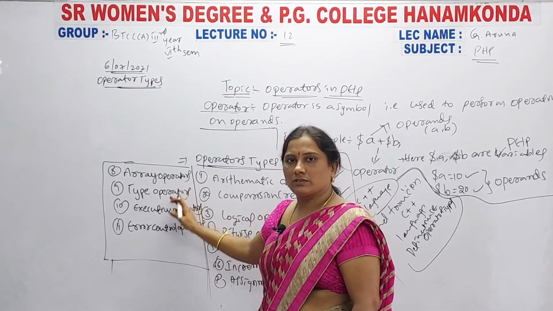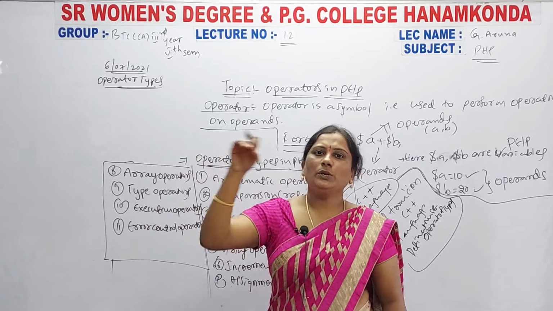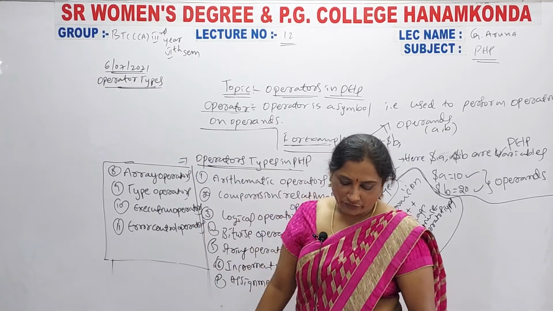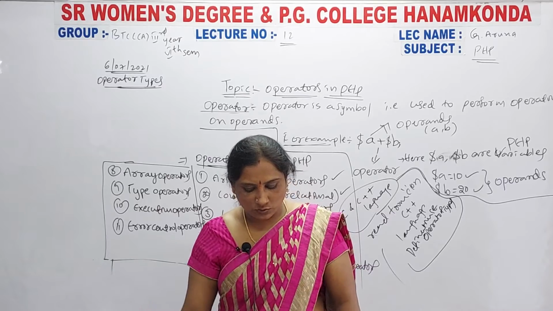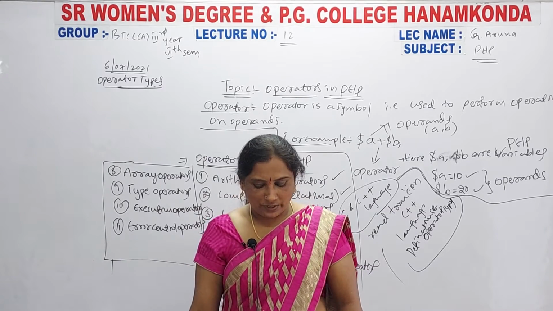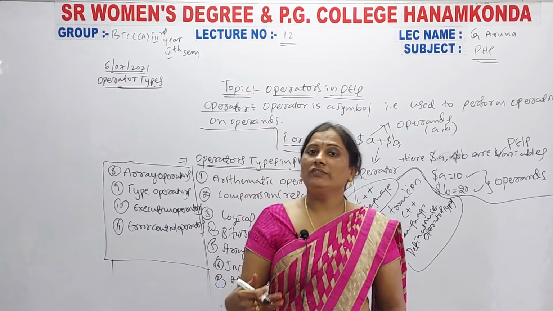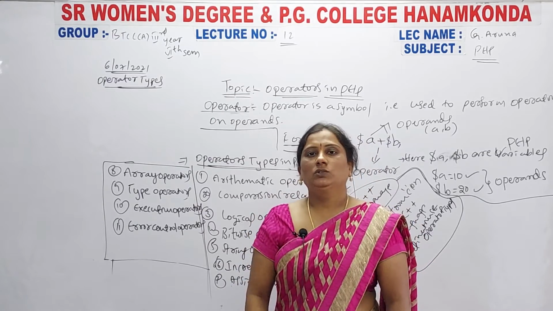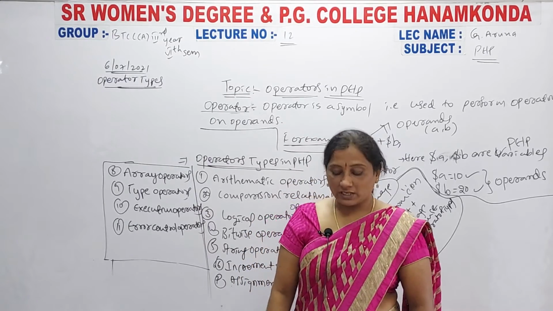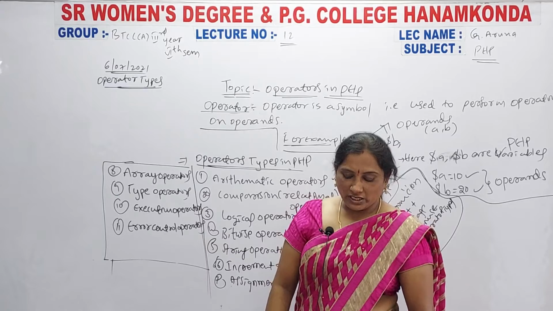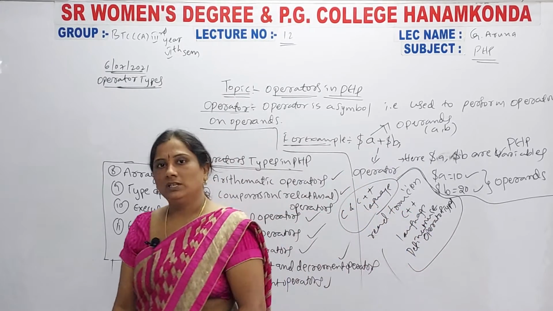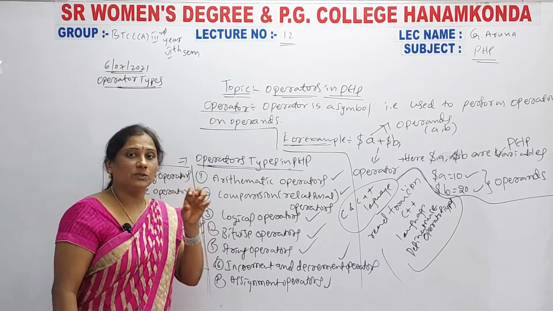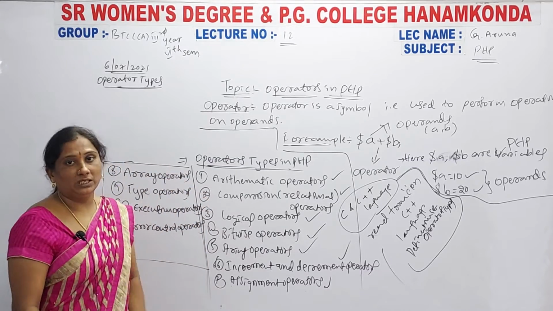Not those types. When you are using different operands, there are operand-based types as well. What are the types here? Unary operators, binary operators and ternary operators. These are the three different types of operators available in PHP.